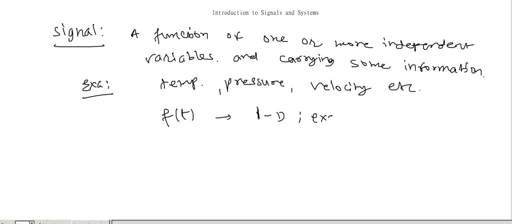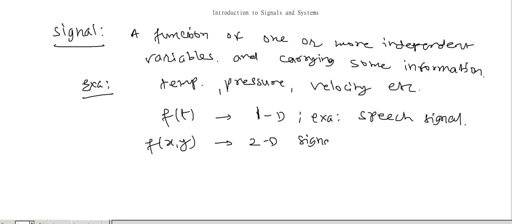And for example, a speech signal is a 1D signal. Okay. Now, if it is a function of two variables, for example x and y, then it is a 2D signal. And the example is an image.